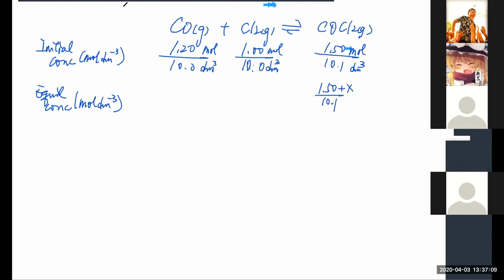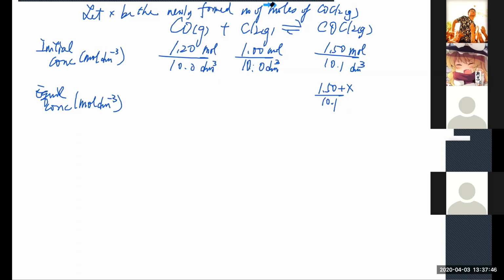So what is x? X is the number of moles of newly formed COCl2. Not newly added, because I don't want to confuse you; this should be newly formed, for the attainment of equilibrium.